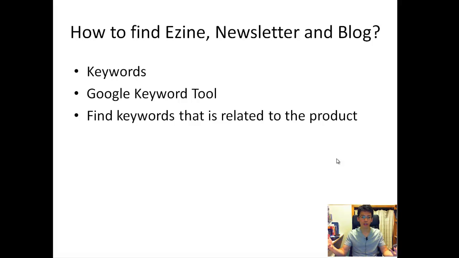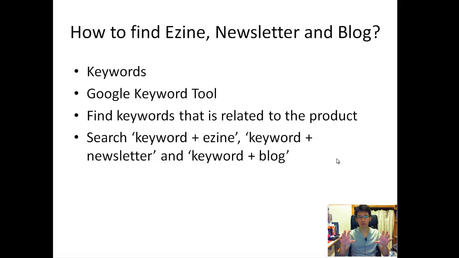We find keywords that are related to our product, and I'll teach you at least the common sense and how the logic works, so that you know which kind of keywords will match your product. Okay.